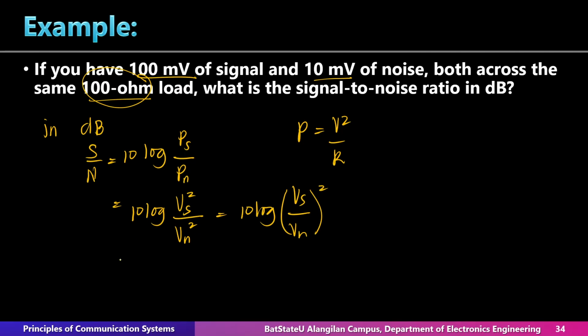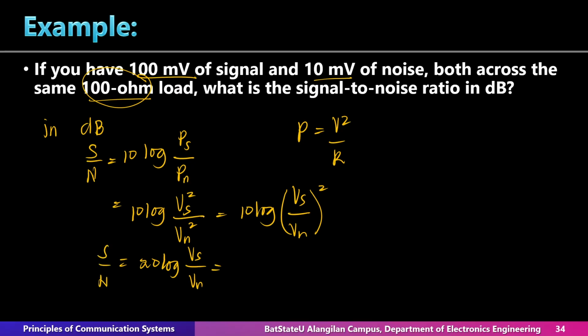Of course, we can simplify this by applying the properties of logarithms. This becomes 20 log of Vs over Vn. So, ayan. Kapag voltage yung given, remember, nagiging 20 yung multiplier natin.